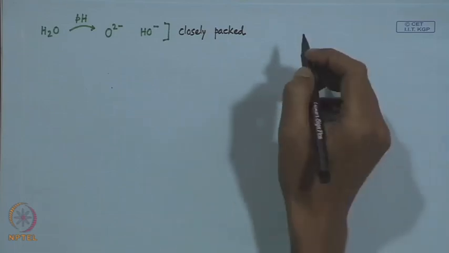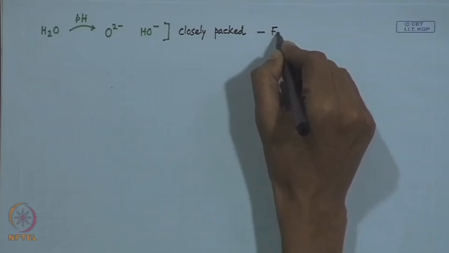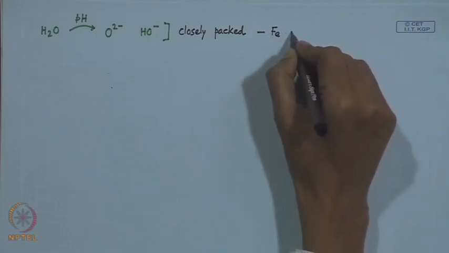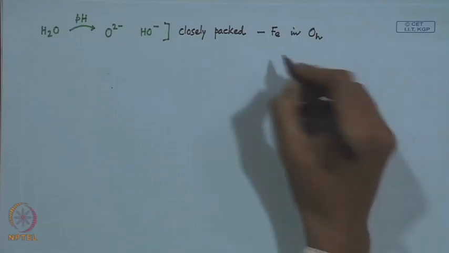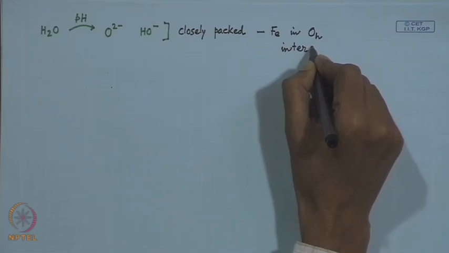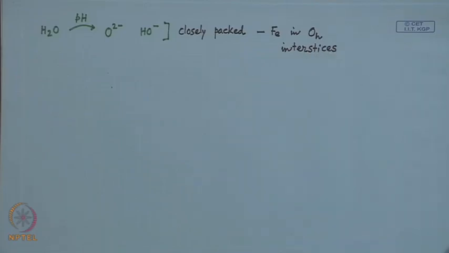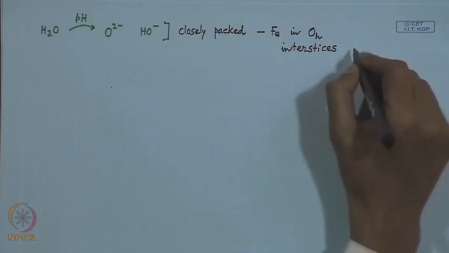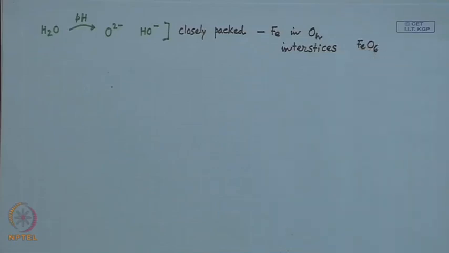These are closely packed and iron is present there in octahedral interstices. So, in most of the cases we will find that these iron centers are in an FeO6 environment.